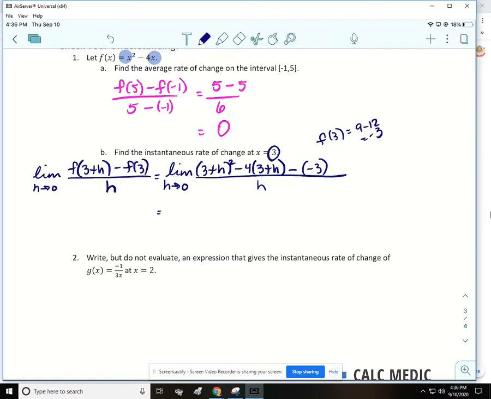All right, then it's just doing a bunch of algebra. I'm going to square that binomial by squaring 3, multiplying these together and multiplying by 2, and then squaring h. Then I'll distribute the -4, and minus -3 is plus 3.